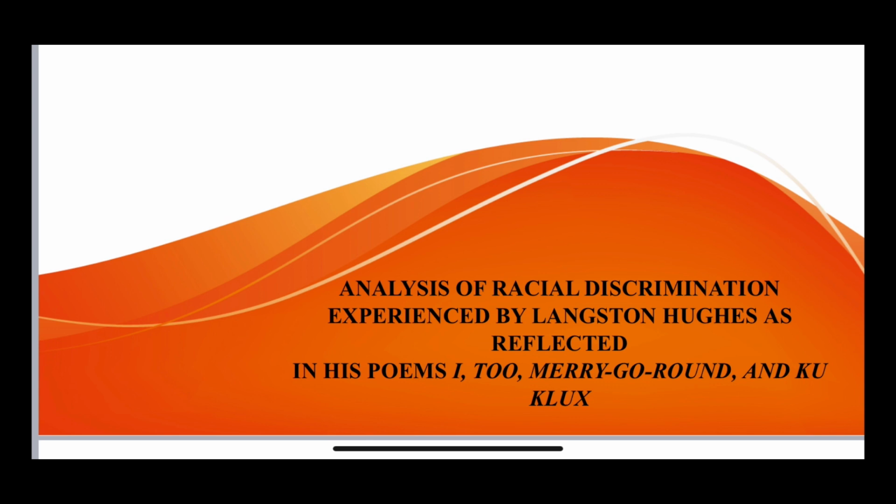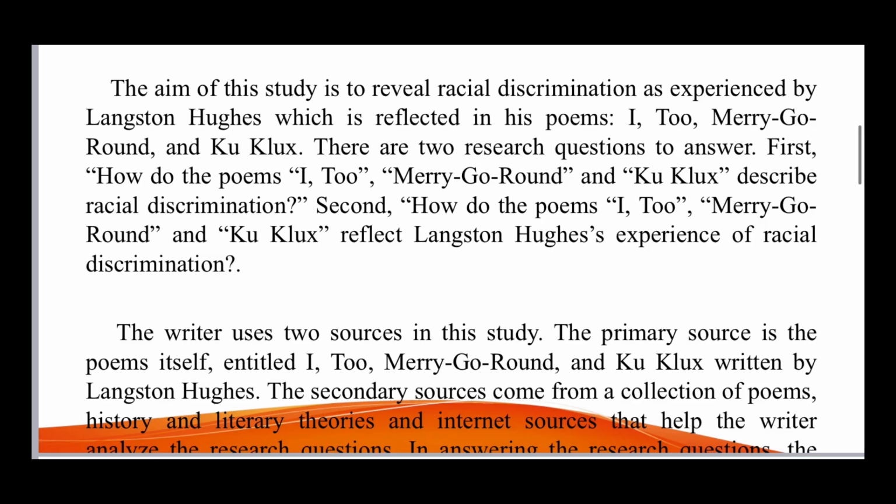Analysis of Racial Discrimination Experience by Langston Hughes as reflected in his poems I, Too, Merry-Go-Round, and Ku Klux. The aim of this study is to reveal the racial discrimination experienced by Langston Hughes, which is reflected in his poems I, Too, Merry-Go-Round, and Ku Klux.